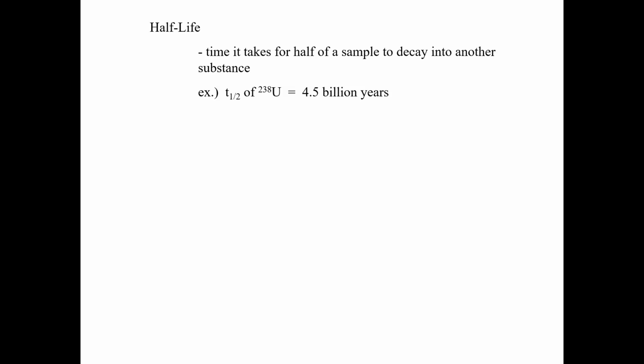For instance, the half-life, and we abbreviate half-life as T1/2, the half-life of uranium-238, which is a radioactive isotope of uranium, is about 4.5 billion years. So that means if you had a sample of uranium-238, in 4.5 billion years, only half of that sample would still be uranium-238. The other half of it would have decayed into something else.